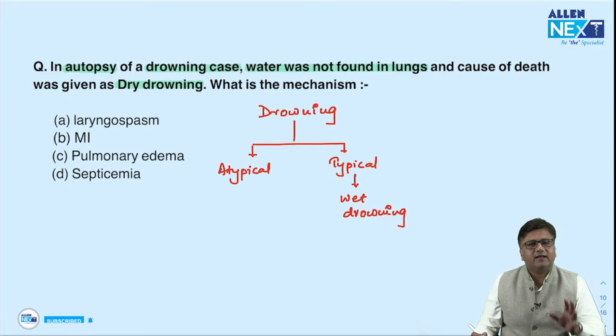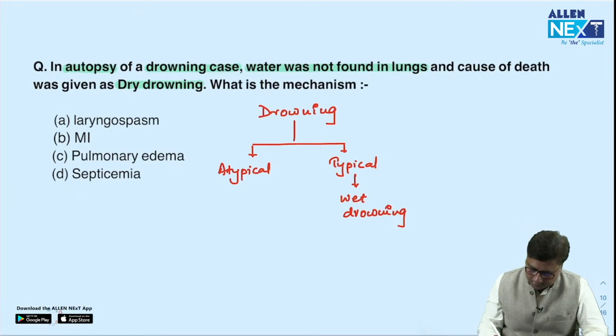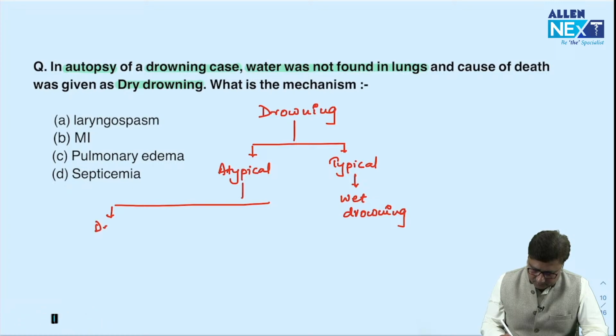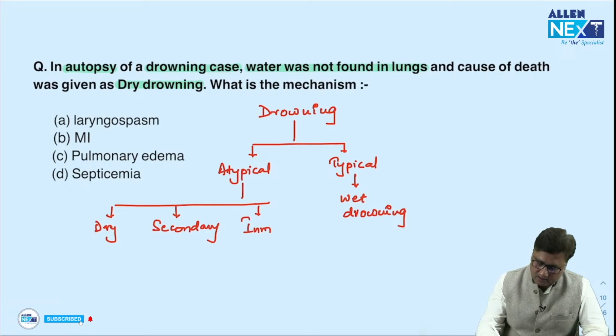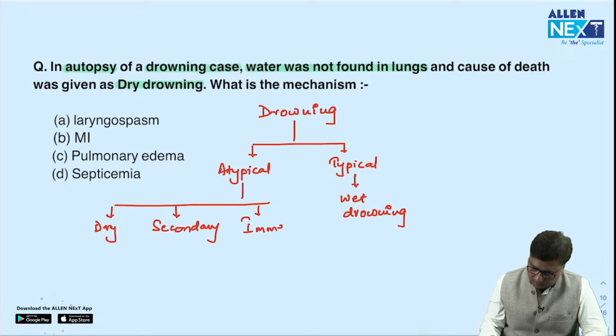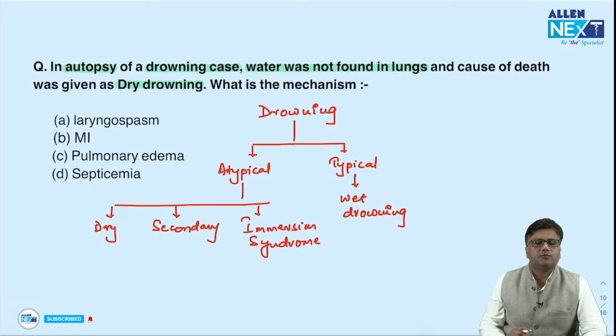Okay. On the other hand, there is something called atypical drowning. Atypical drowning can be of three types. One is dry drowning, the second is secondary drowning, and the third is immersion syndrome.